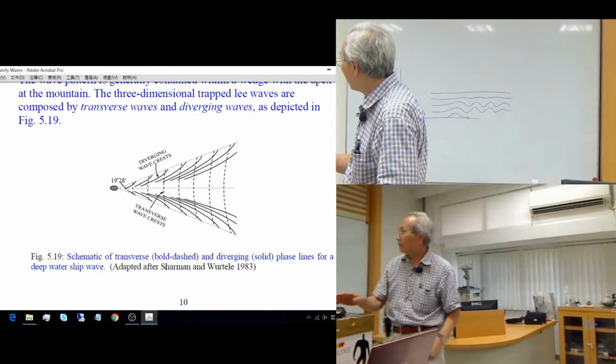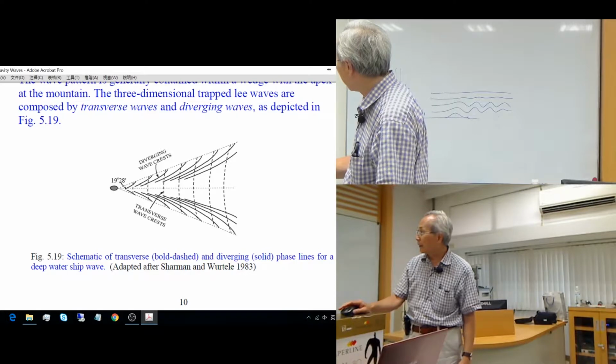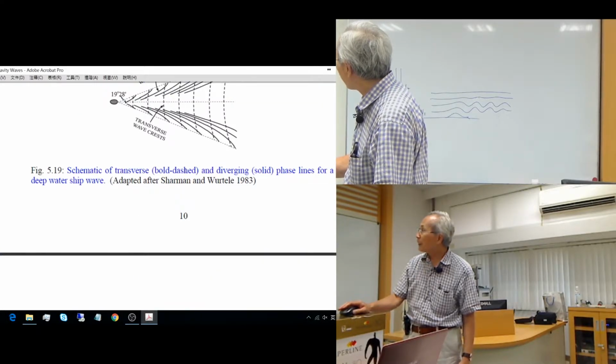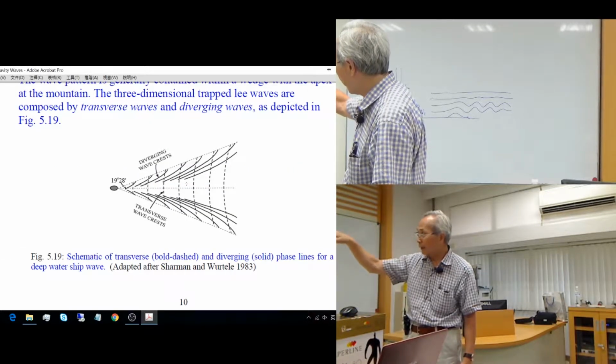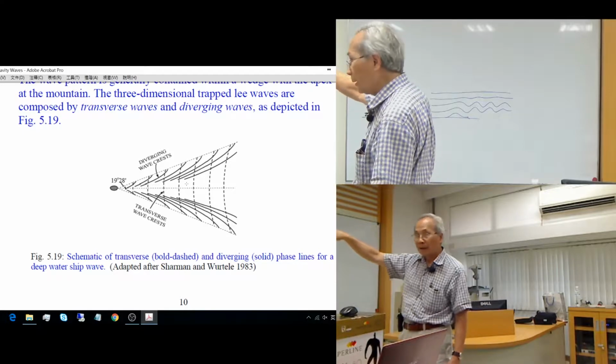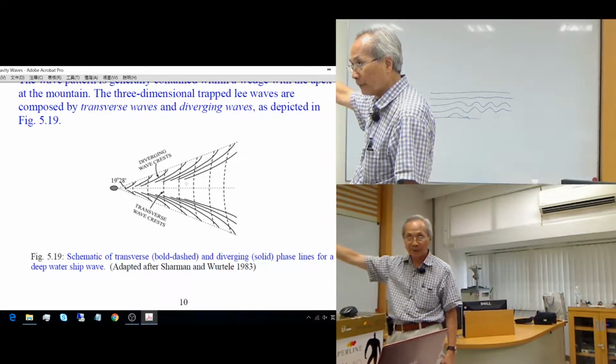Utere was his PhD advisor at UCLA. So this paper provides a lot of guidance on the details and dynamics of these two types of waves.